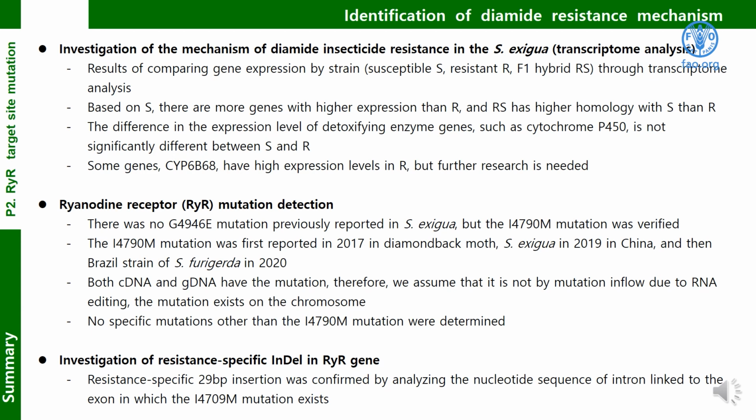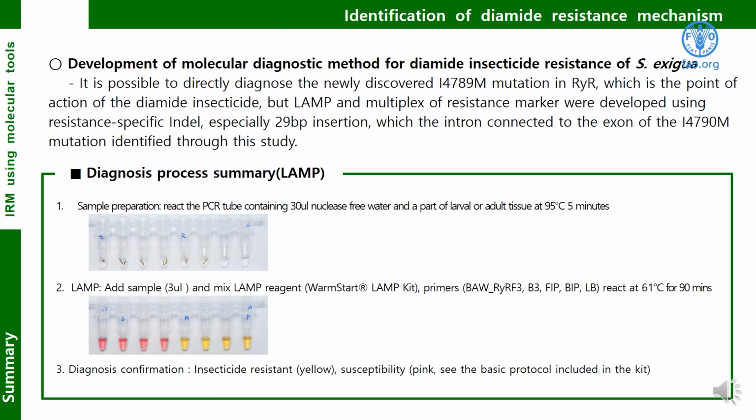Here is the diagnosis process summary for LAMP. First, sample preparation: put a part of a larva or other tissue in a PCR tube containing 30 microliters of nuclease-free water and incubate at 95 degrees Celsius for 5 minutes. Then the DNA will be released. The next step is LAMP.